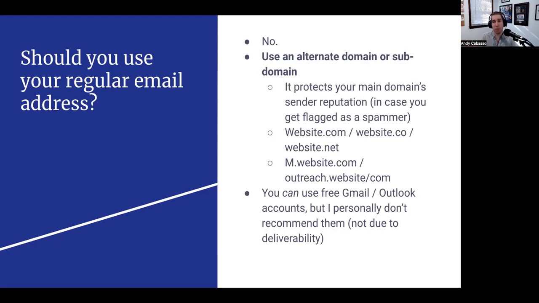And just from my perspective as someone who gets these emails, I'm more suspicious of them, or less likely to want to work with someone if they're sending me emails from a Gmail or an Outlook, because it just doesn't look all that professional, and it's clear that they're just spinning up as many outreach email addresses as they can, and that it also probably signifies that their outreach is not as targeted, which I think is an interesting concept here.